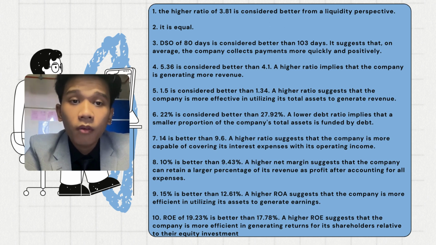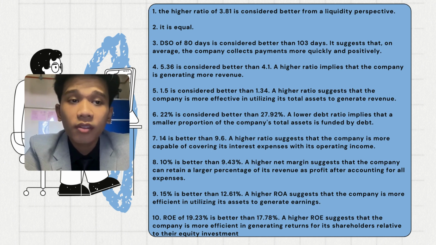Number 4, 5.36 is considered better than 4.1. A higher ratio implies that the company is generating more revenue. Number 5, 1.5 is considered better than 1.34.